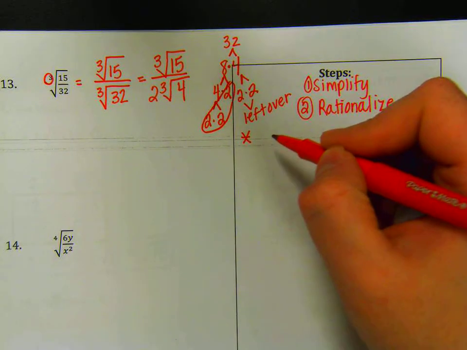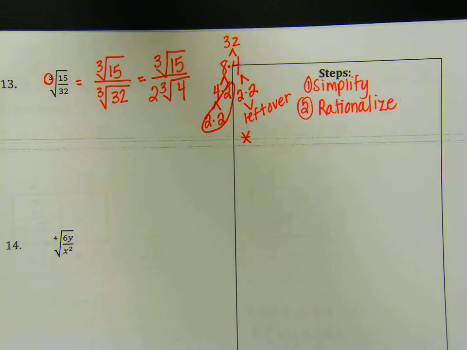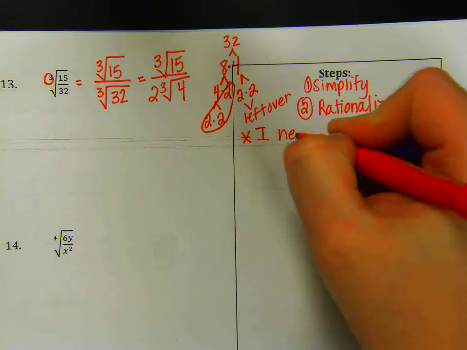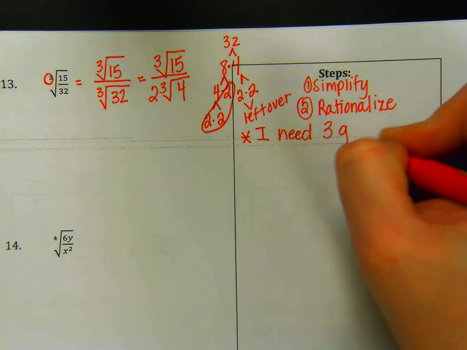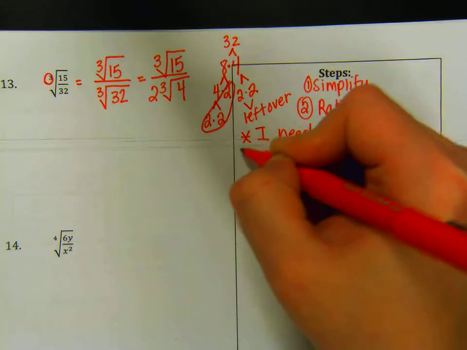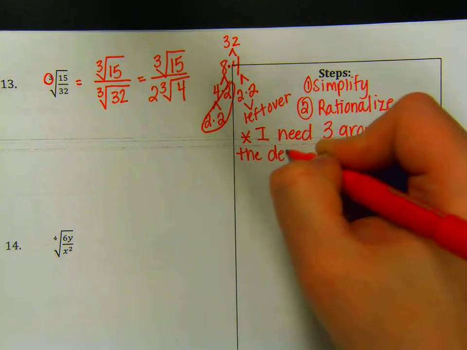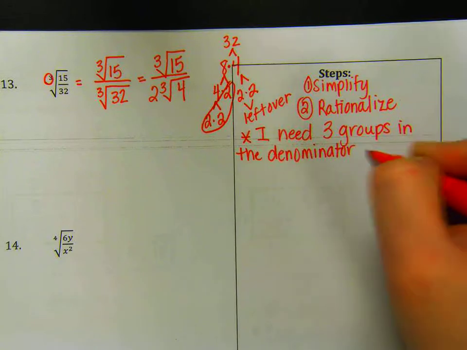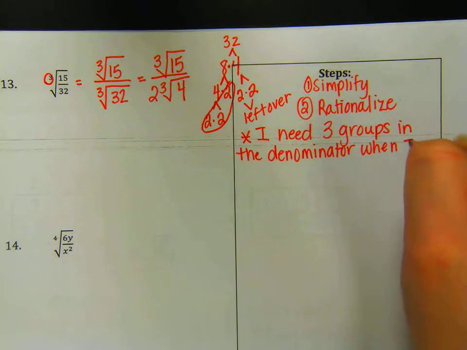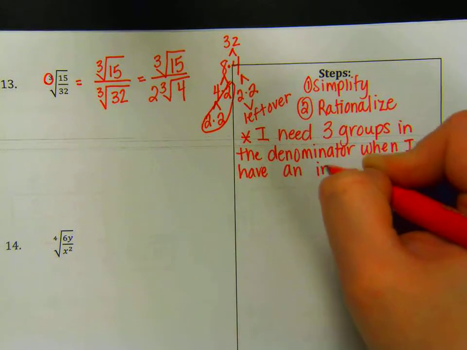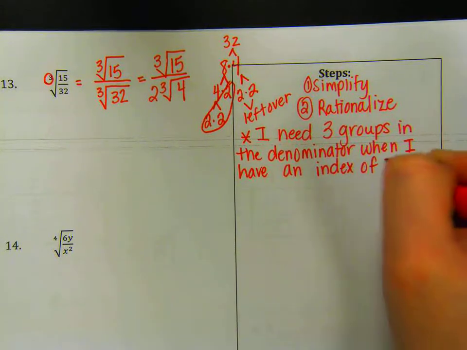So for this one, we want to say I need 3 groups in the denominator when I have an index of 3.